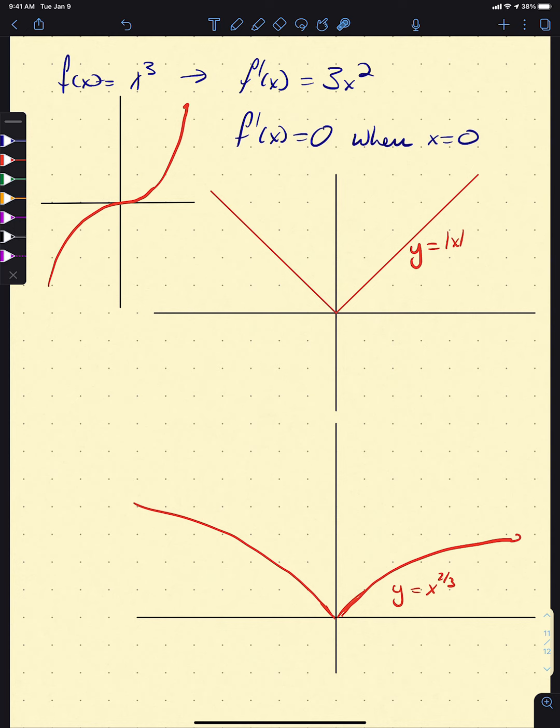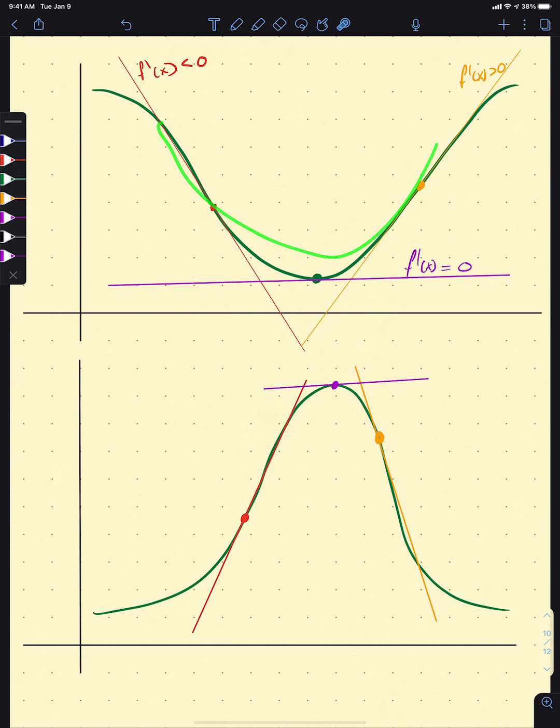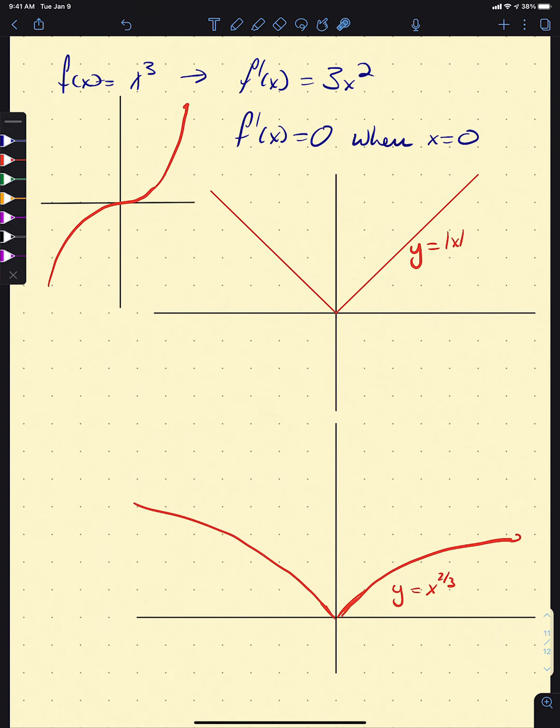And then, when the derivative equals 0, sometimes we get these nice local extrema, and sometimes we get this slide. And we'll take a closer look at the slide at the beginning of next week. We'll explore what this is doing, and we'll actually need to use the second derivative to understand it.